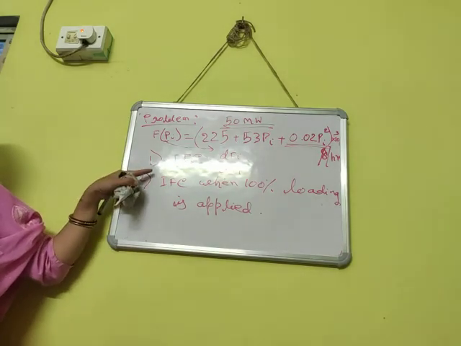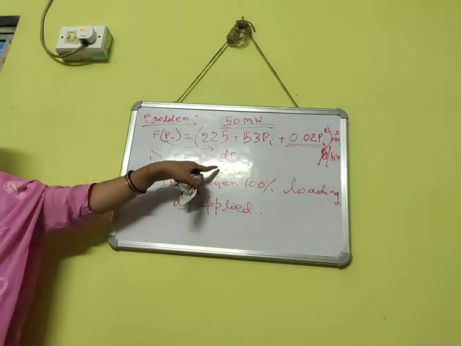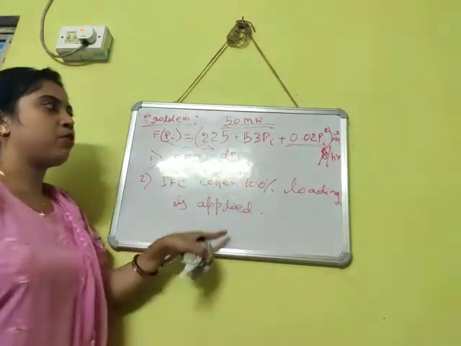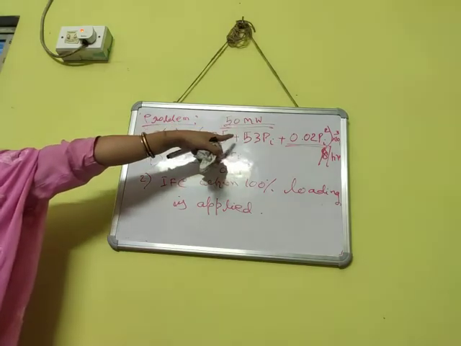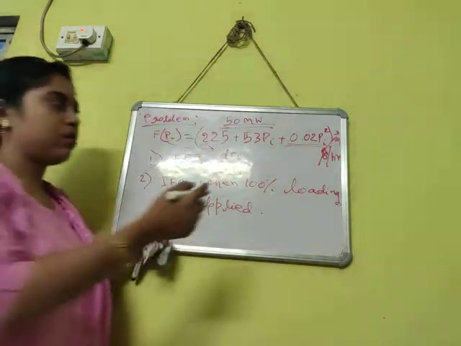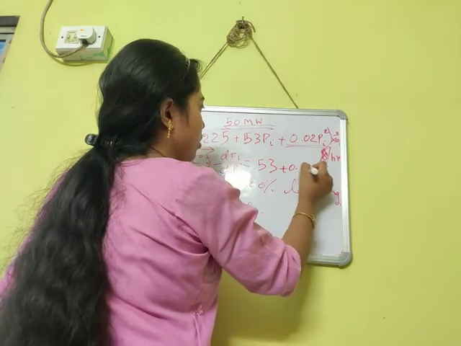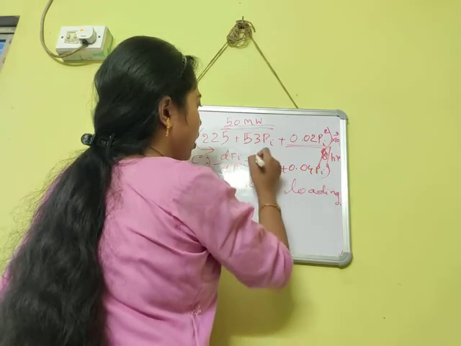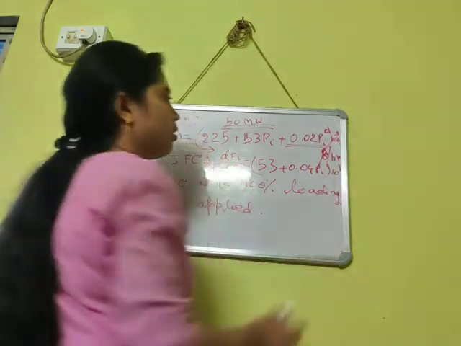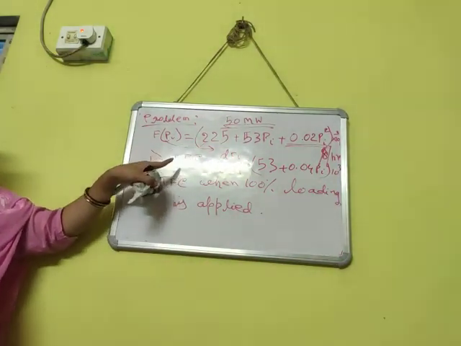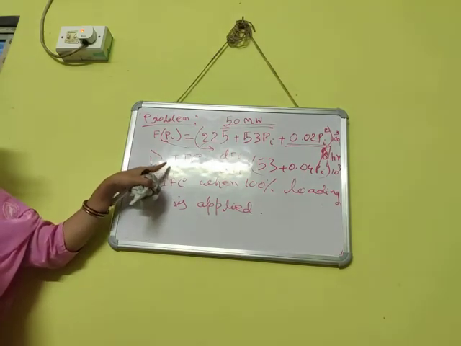So if you do the differentiation with respect to Pi, obviously the constant becomes 0. It becomes 53 plus 0.04 Pi into 10 to the power 3. This one is the solution of question number 1.